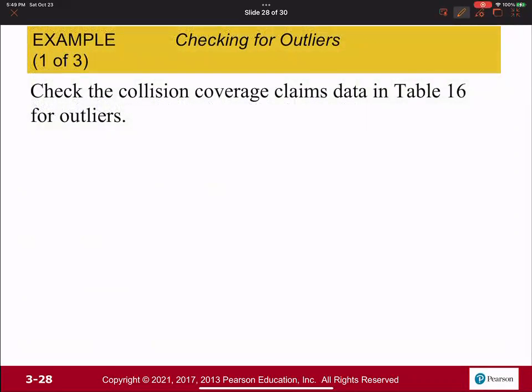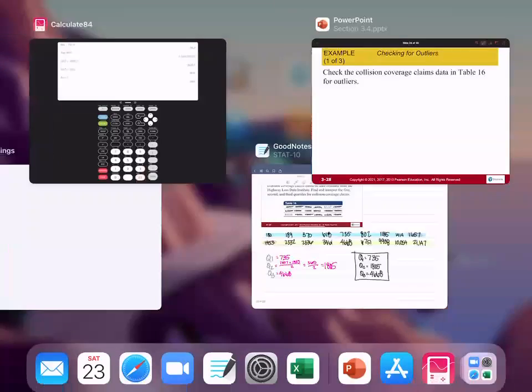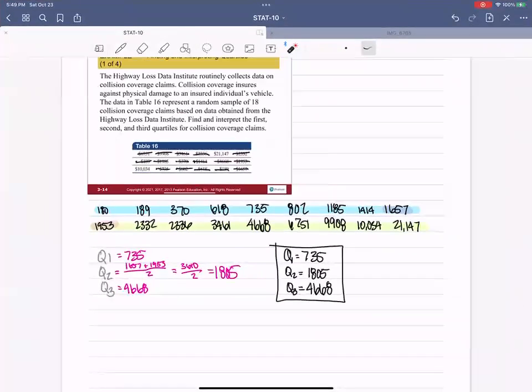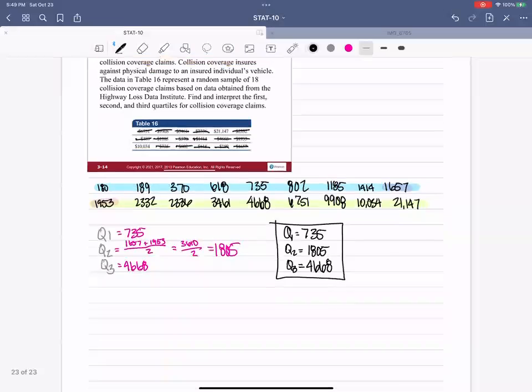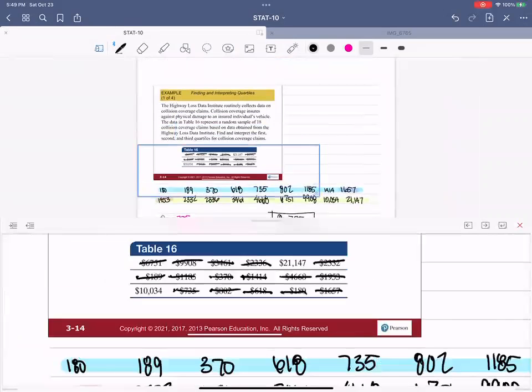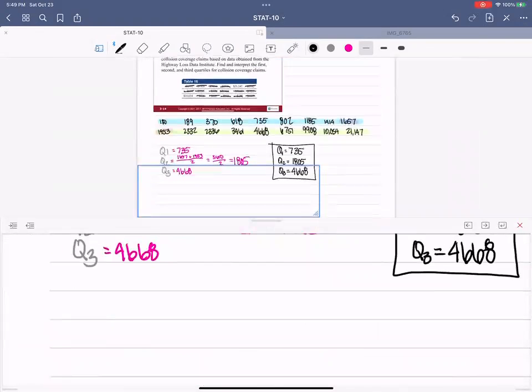All right, so check the collision coverage claim and data table 16 for outliers. So this data set right here. Interquartile range is the difference between Q3 and Q1, so IQR is Q3 minus Q1. And from here, we would just grab those numbers.